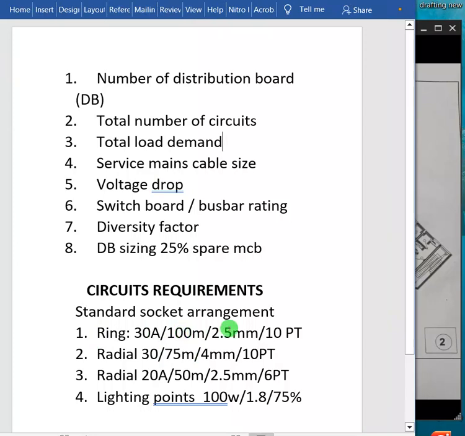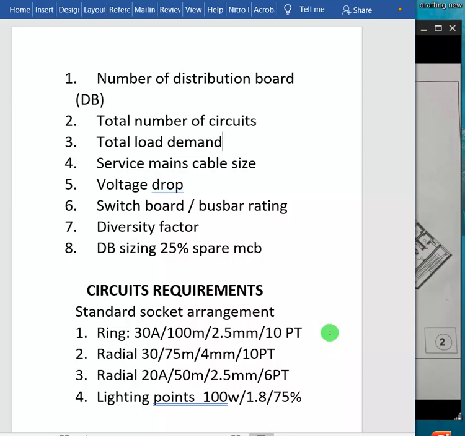Now, if we are using a ring arrangement, we can also decide to use one ring, then the rest of the socket arrangement can be radial. Because with radial, you don't need to return the second part to the distribution board, so that we make it more cost effective. Even the regulatory body also gives that recommendation that in your installation, endeavor to use one ring point, then the rest can be radial so that you reduce the cost of the installation.